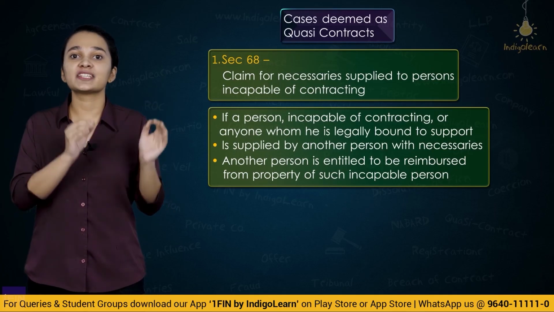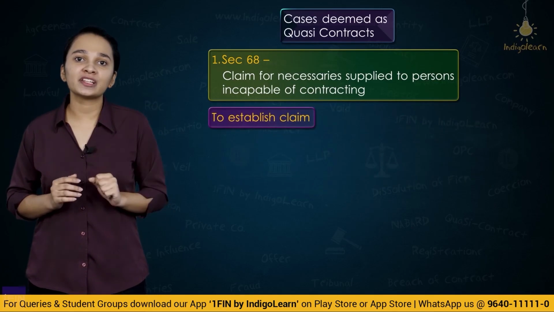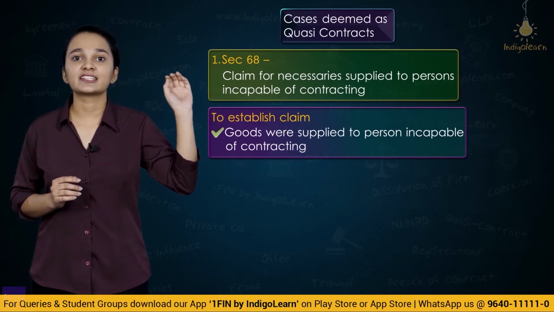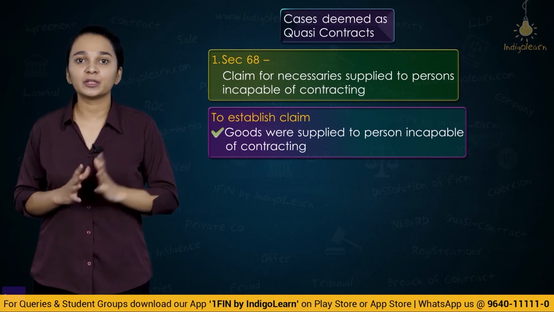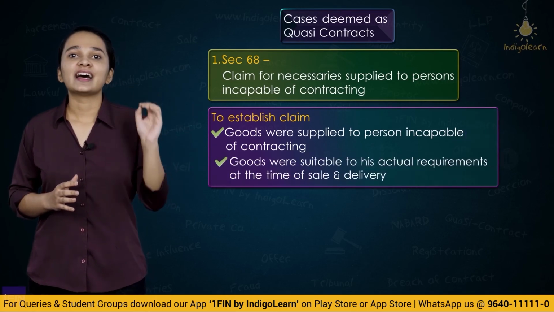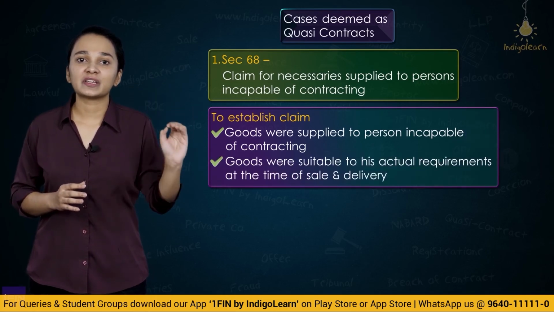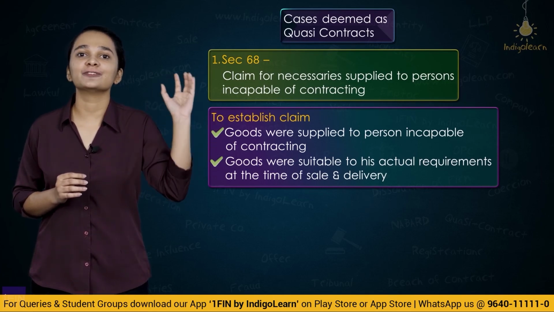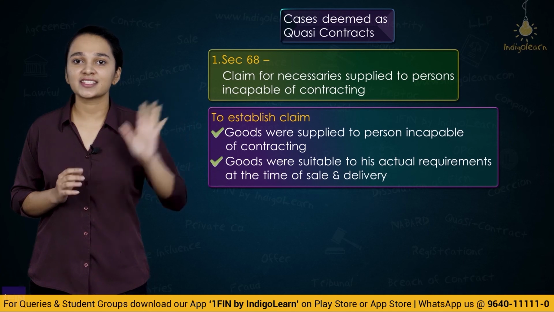But in order to establish his claim, he will have to prove 2 points. One, that the person to whom he has provided necessaries is an incapable person. Two, that the supplies which he has made are actual necessaries which are essential for this incapable person's survival.